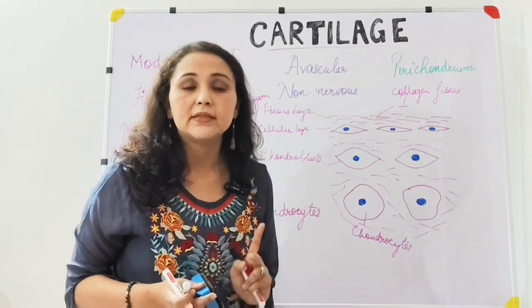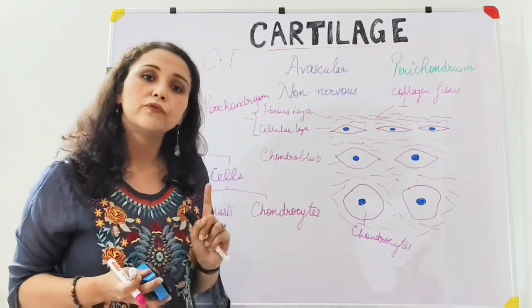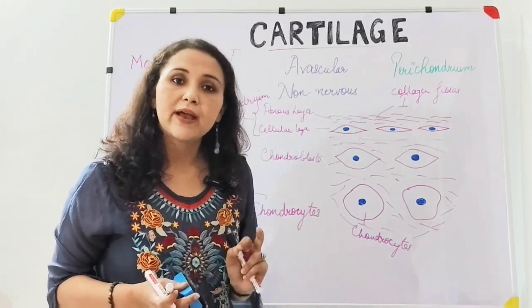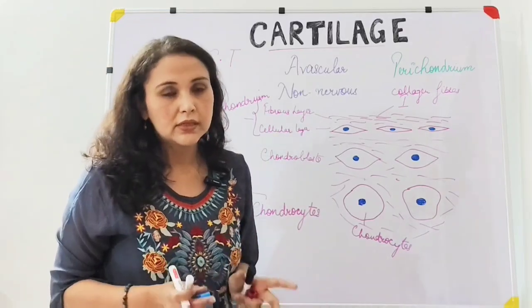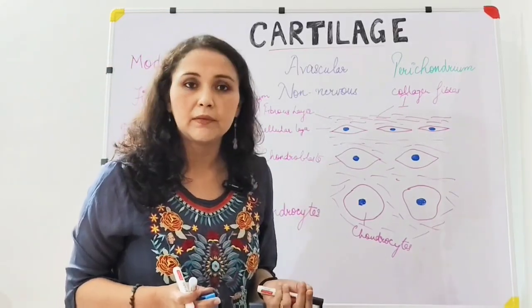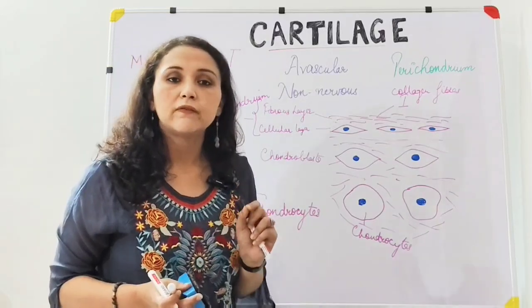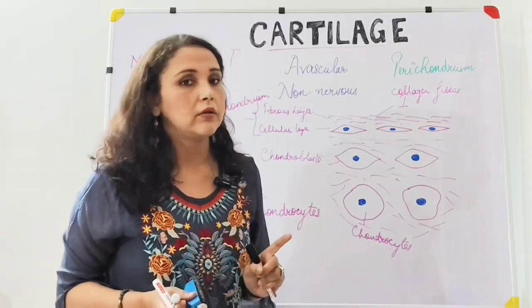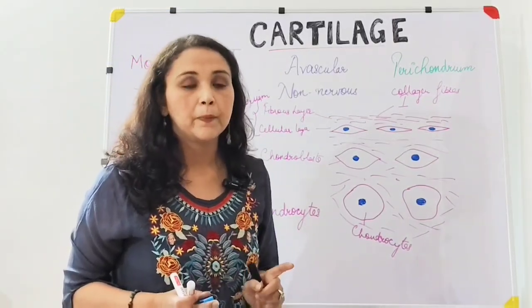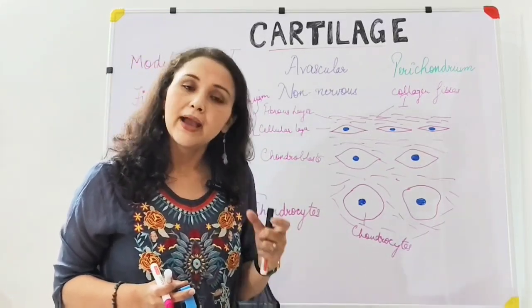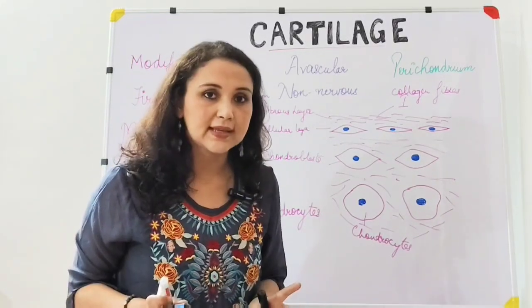First is fibrocartilage. So till now you should just remember their names. In the next video, we'll discuss them in detail. In white fibrocartilage, the perichondrium is not present. Another is hyaline cartilage. Hyaline cartilage is present at various sites.